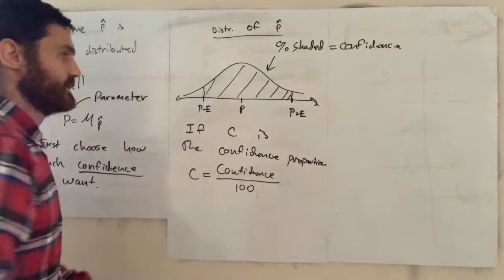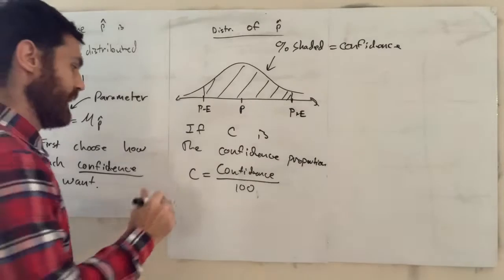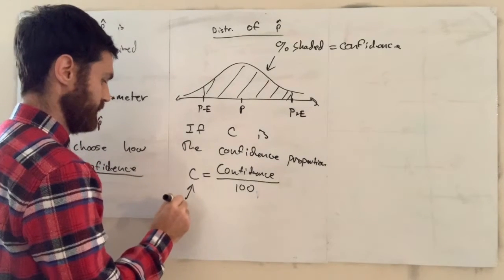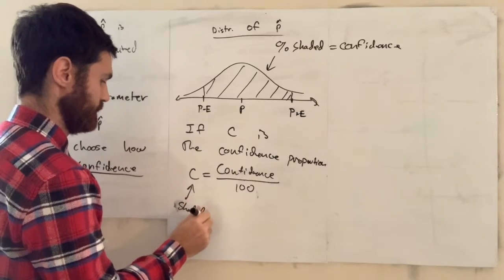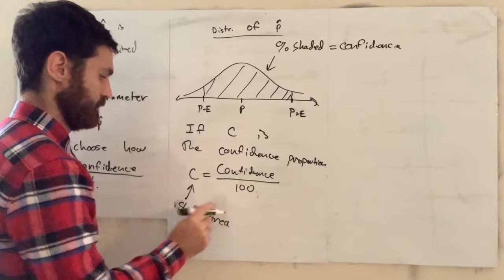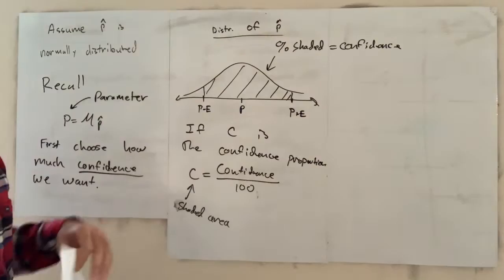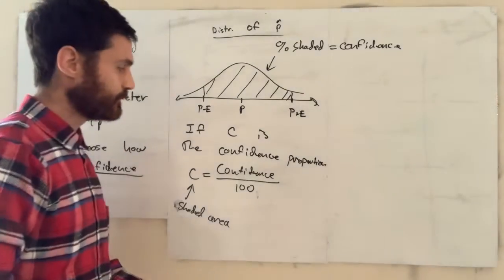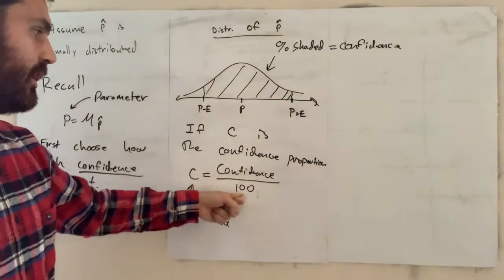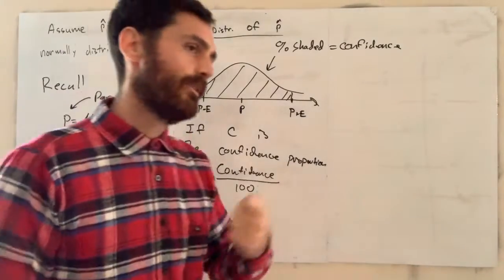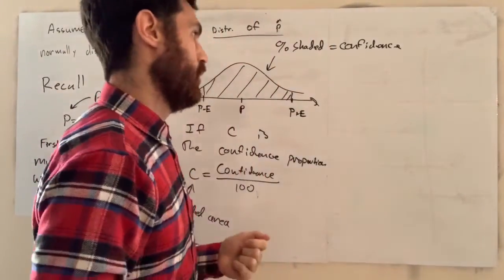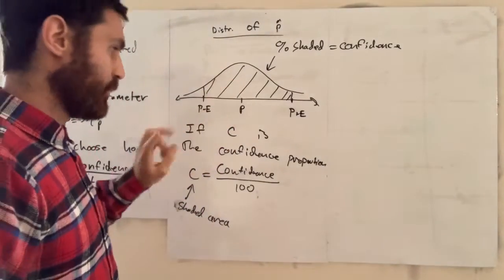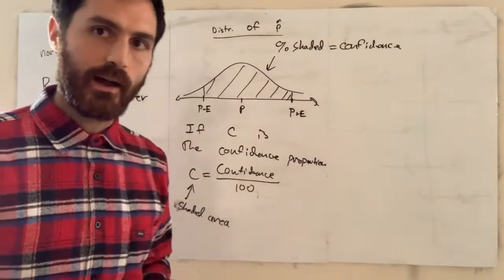In other words, C is just going to be the shaded area, or at least the value of the shaded area. So it's going to be the confidence divided by 100. Remember, the confidence we usually put in terms of a percentage. And so if you want the proportion of it, you just divide it by 100.